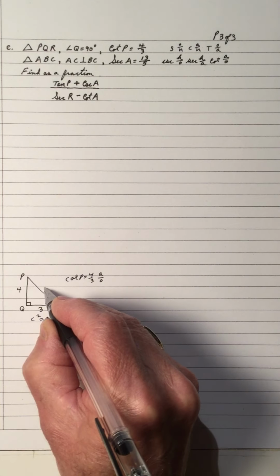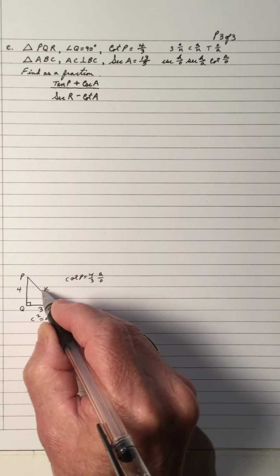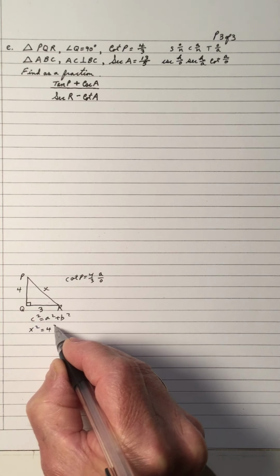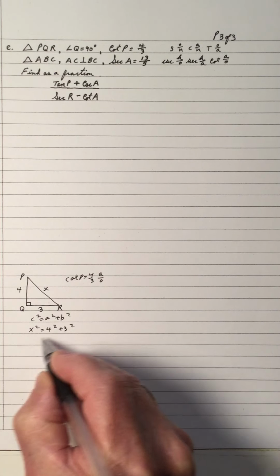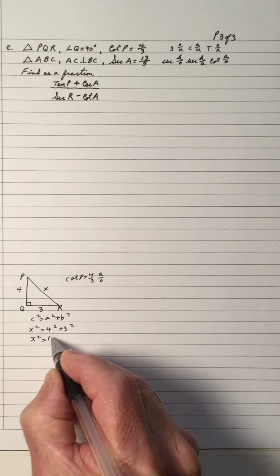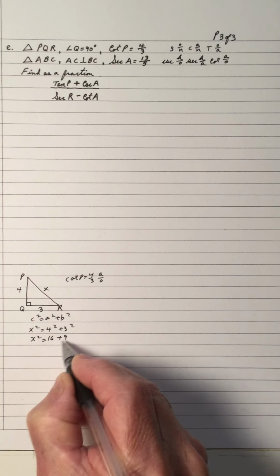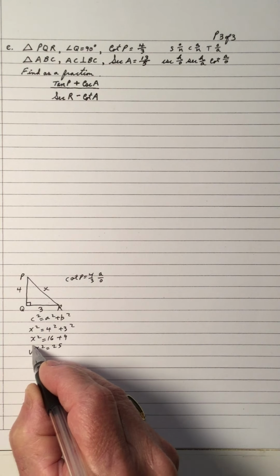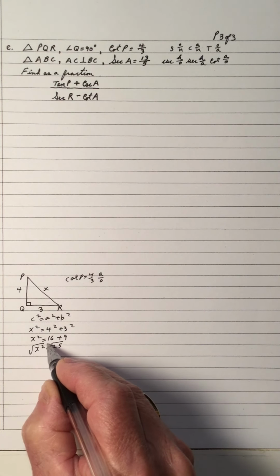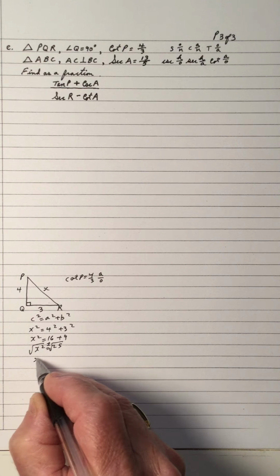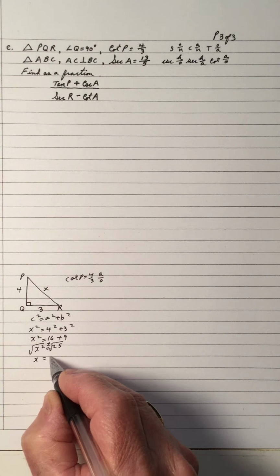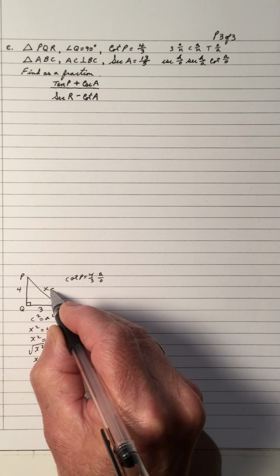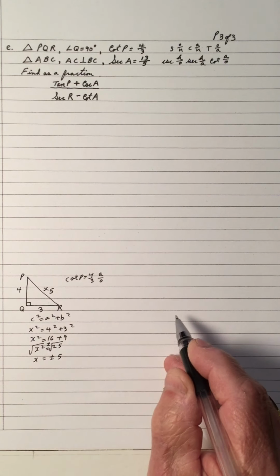C is the hypotenuse, opposite the right angle, so let's call that x. A is 4, b is 3. 4 squared, 16, 3 squared, 9, x squared equals 25. We do the square root, with a plus minus. Square root of x squared is x, plus minus 5. And we can't have a negative dealing with a triangle. We can only have positive length, so that's a 5.